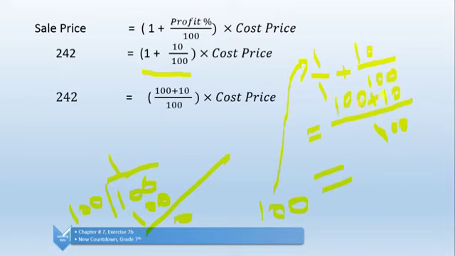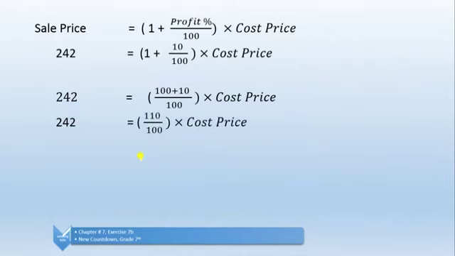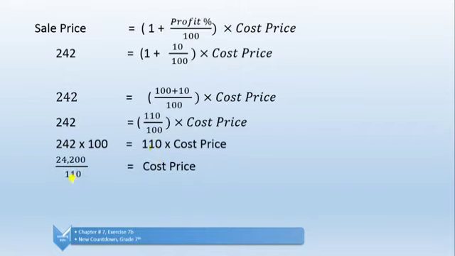Now we will add these both values. 100 plus 10 equals 110, divided by 100. Okay, now we will shift 100 from the right hand side to the left hand side, and after this 110 will also be shifted from the right hand side to the left hand side.